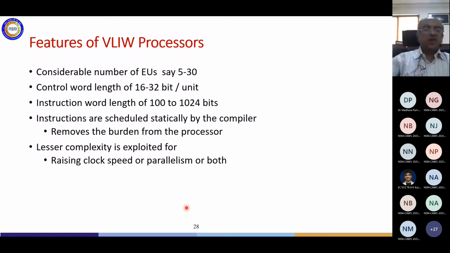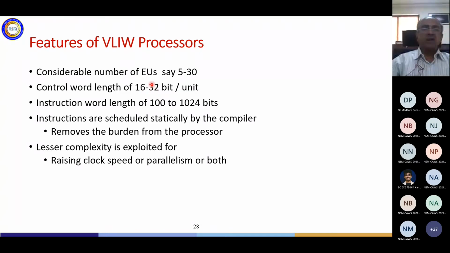Then we will call it an instruction or an opcode or a control word; all of these are interchangeable terms, of length 16 or 32. So one unit has a word length of 16 or 32. For argument's sake, let us take it as 32 to make it simple.